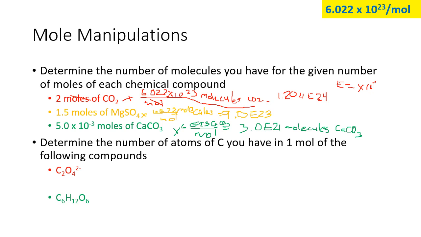All right, so we have 1 mole. So we're gonna add that to this label here. And now we're going to make a correlation between the moles of oxalate, that's what that is. It's a polyatomic ion called oxalate. So we're gonna put a mole of oxalate down here.